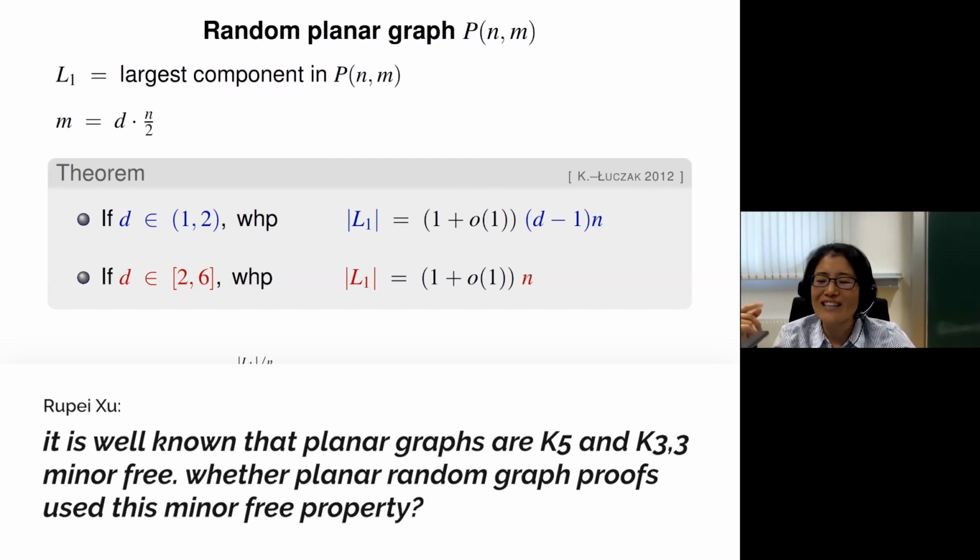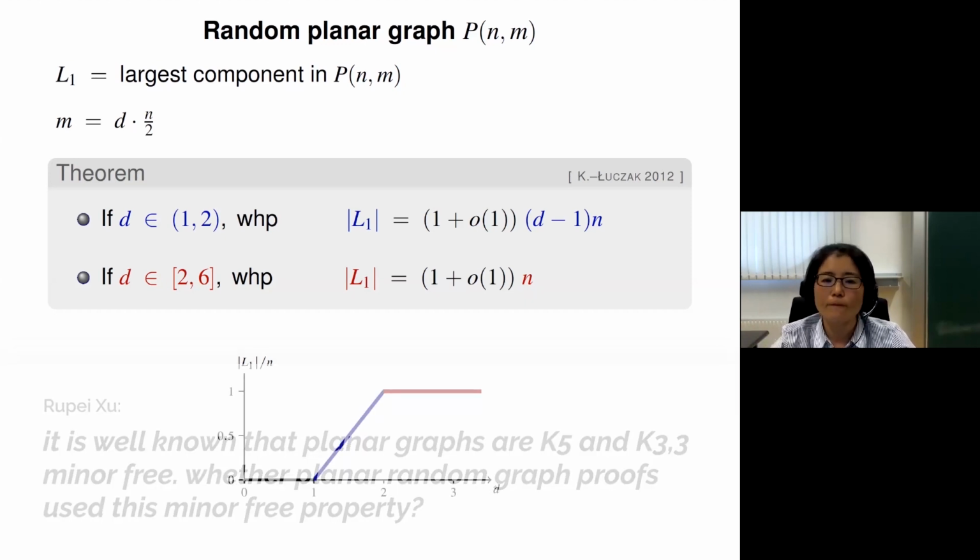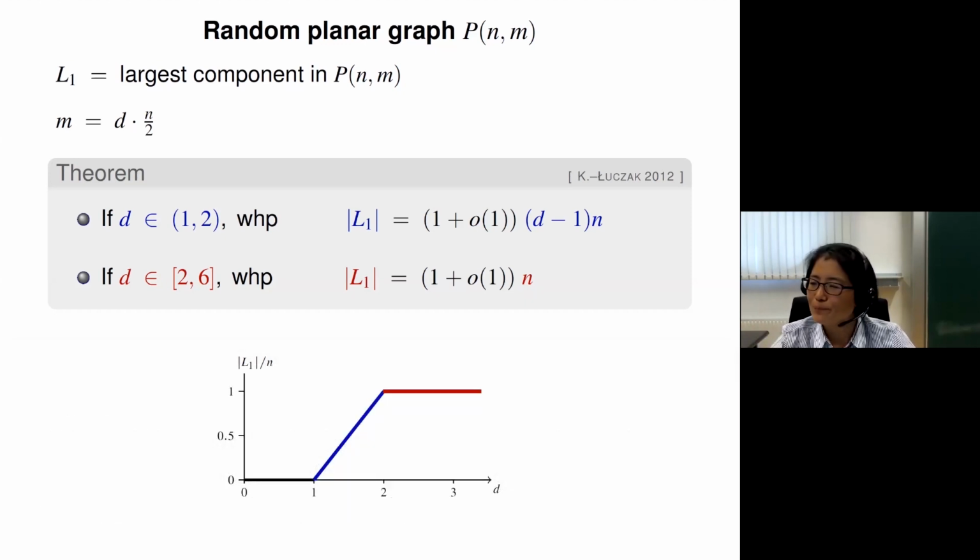If you look at the edge density of K3,3 and the edge density of K5, you can imagine K5 appears much later. Did I answer the question? Yes, a very good question. But when we talk about the random planar graph, of course, we are restricting ourselves to those graphs not containing K5 and K3,3 as minors. We are looking only at those. Then it behaves, strangely enough, differently.